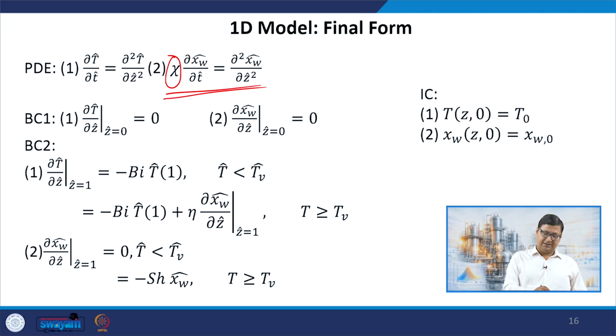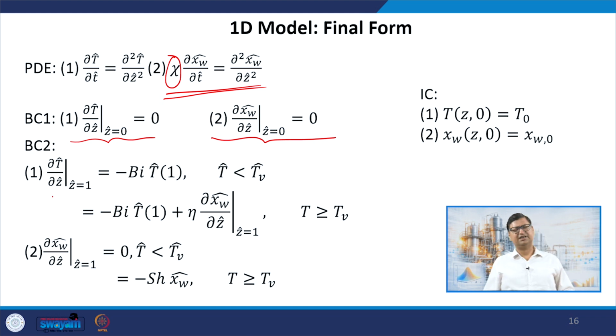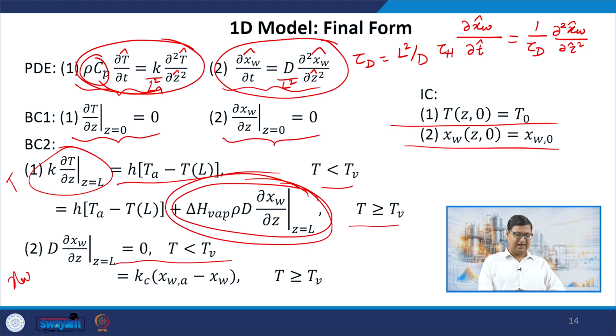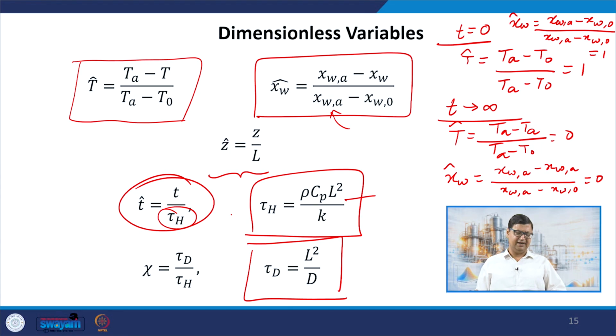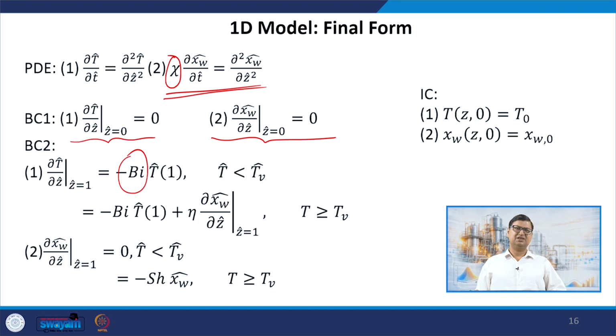Now similarly, the boundary conditions also get modified in terms of the dimensionless variables, and the same is true for the second boundary condition. I got the Biot number similar to what I had there, but now you can imagine that since we have something like a ΔH_vap ρd there, if I make it dimensionless, I will get some other dimensionless variable.